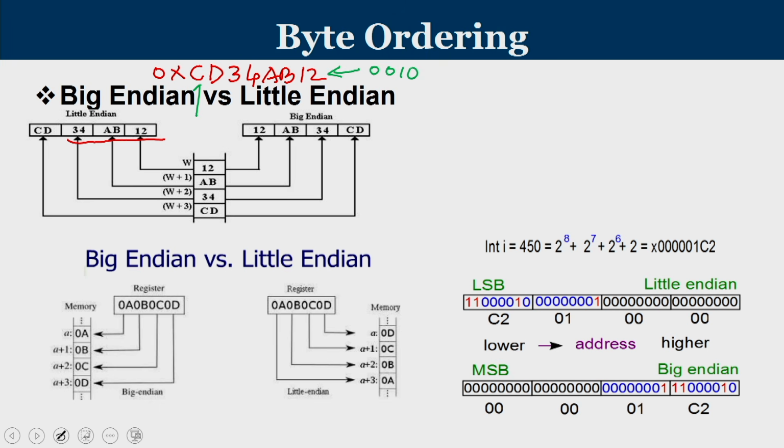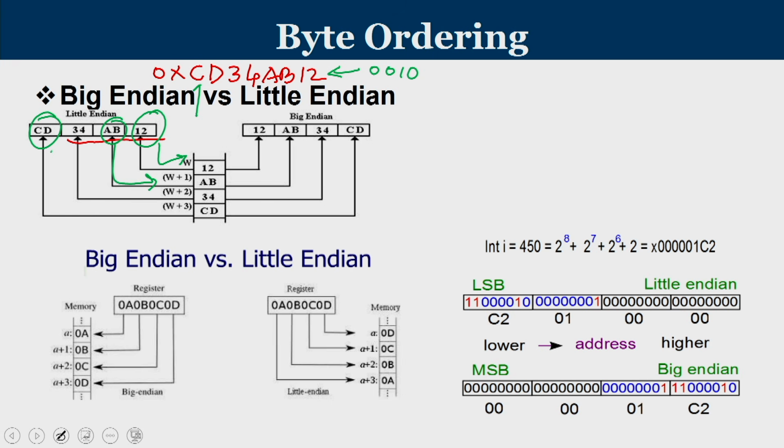When I am going to store this 32-bit number inside a memory, if the least significant byte is stored in memory address W, where I can store 1 byte of information, then the next byte from LSB is stored in W plus 1.